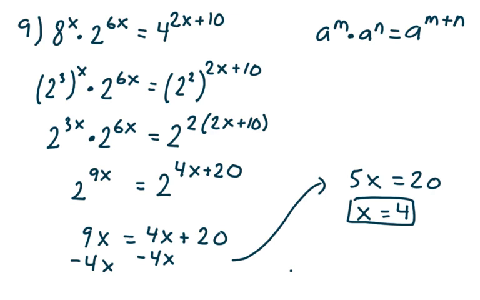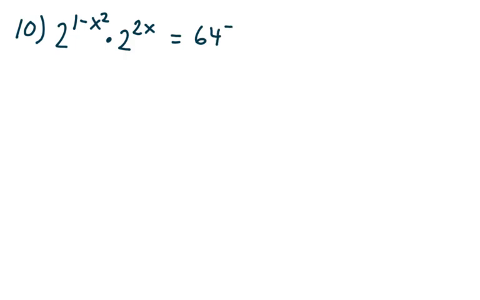Let's take a look at one more example for this video. We'll call this example 10. In example 10, suppose we had the following. 2 to the 1 minus x squared times 2 to the 2x is equal to 64 raised to the negative 1. Goal remains the same.